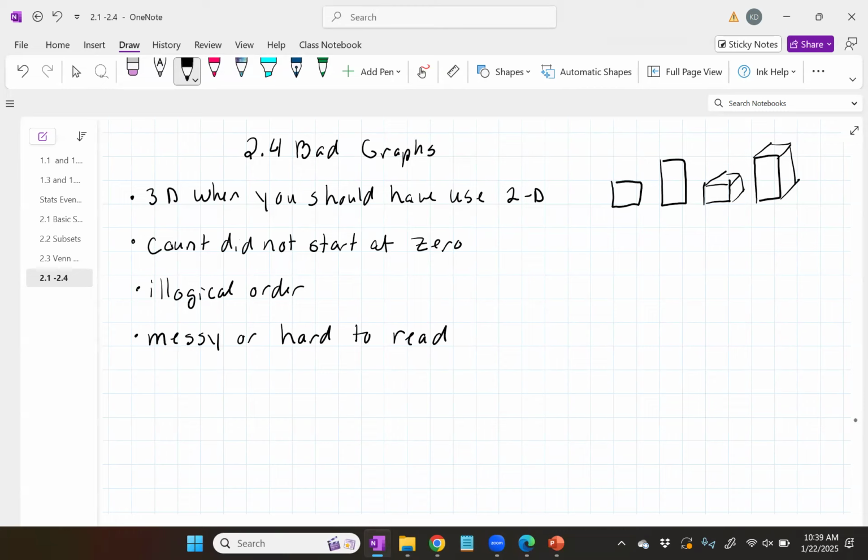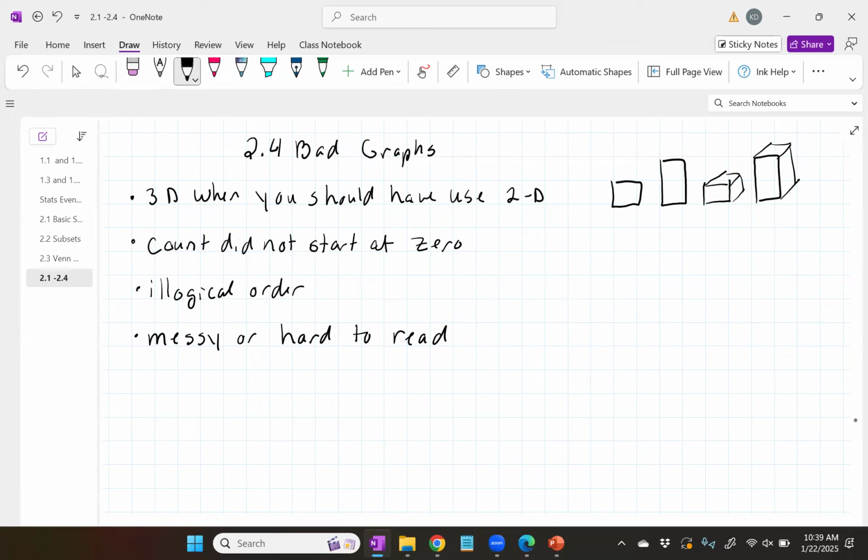If your data is listed in illogical order, and that's going to be different depending on the graph, we'll see a couple of those. It tells you a different story than they are supposed to be telling you. If your graphs are really messy, or there's a lot of stuff going on, or they're hard to read, that's another reason. There's some other things in here too, but these are some common pitfalls we're going to see.